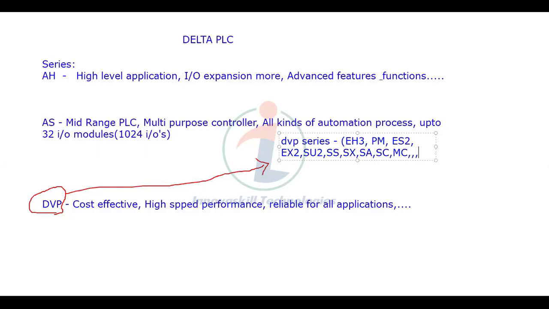Like this, we have many models. How these models are classified is based on the total number of inputs and outputs, and based on the features, that is, the CPU performance.